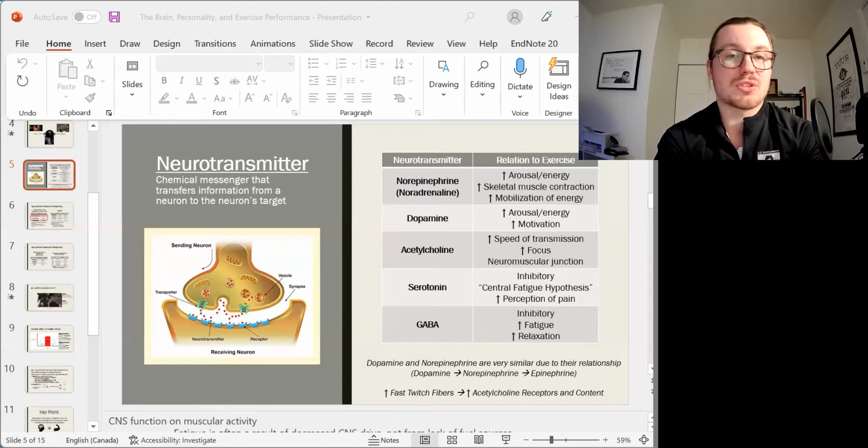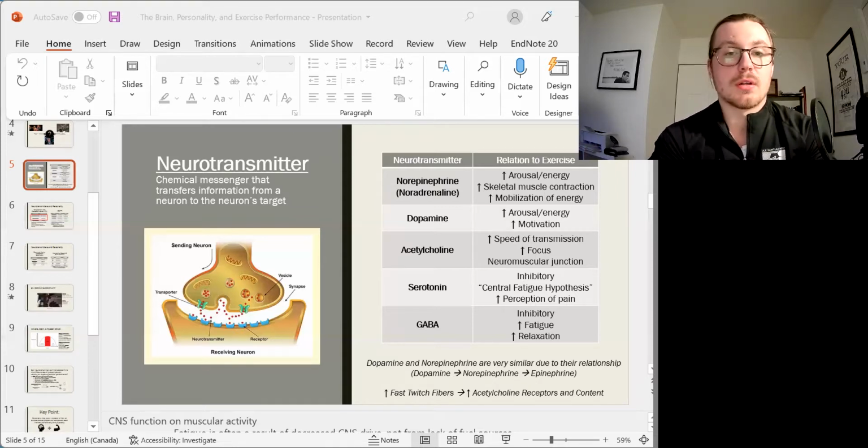With the decreased dopaminergic activity and dopamine levels, as well as the increased level of serotonin, an inhibitory neurotransmitter, there is an increase in fatigue, as well as a decrease in skeletal muscle force. And then finally, there's an increase in perception of pain associated with increases in serotonin.